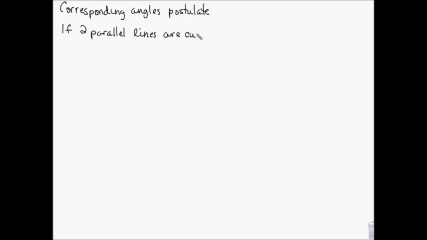Again, the first one is the corresponding angles postulate. The corresponding angles postulate tells us that if two parallel lines, now they have to be parallel, are cut by a transversal, then the corresponding angles are congruent.